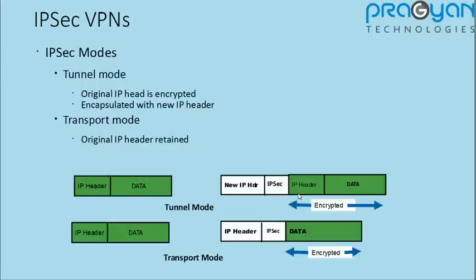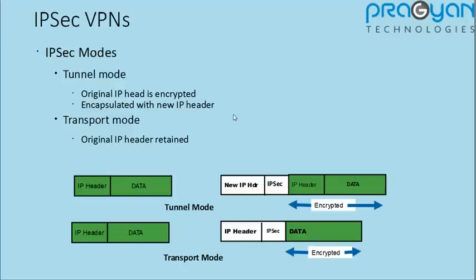So let's look at the different modes of IPSec. IPSec operates typically in two modes. Two modes are available. You could choose either of them. That way you could choose ESP or AH. Similarly, you can choose tunnel mode or transport mode. Well, you cannot really choose either in any scenario.